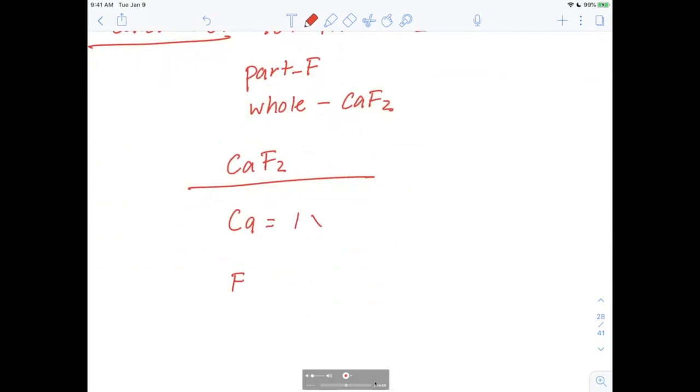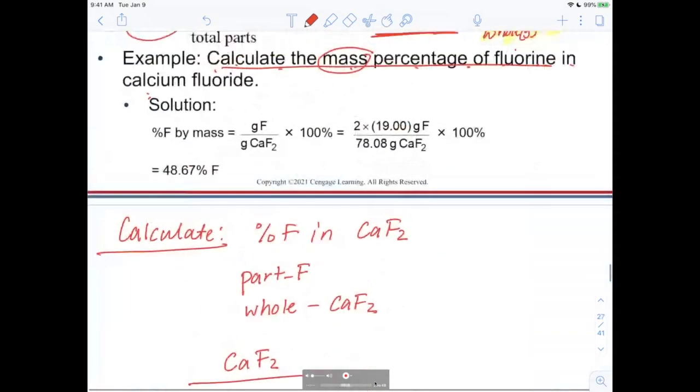Calcium, we have only one atom, and each calcium weighs 40.08 grams per mole. Okay? Fluorine, we have 2, and each fluorine weighs about 19 grams per mole. So we're just doing a generic one, right?